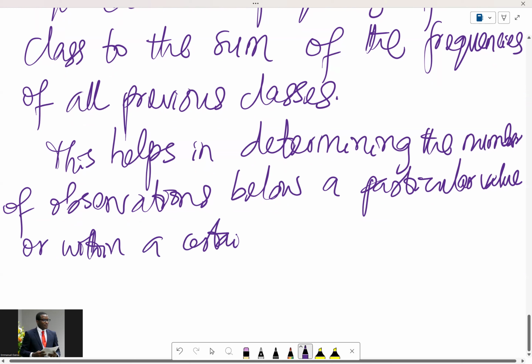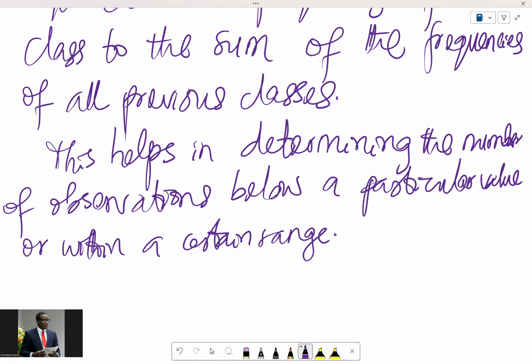And you can see this information is very useful in computing things like the median and the mode for grouped data. So we need to always know the cumulative frequency before the modal class, before the median class, before the quartile, and all of those things. So that's why this is so important.